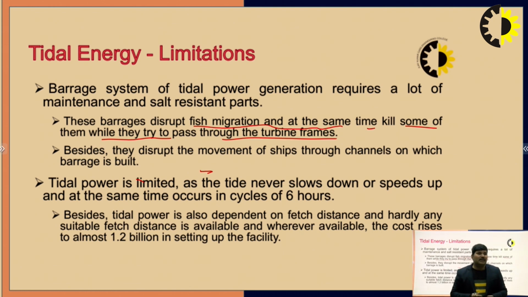In India, which is the second largest producer of fish, the fish do not pass through the barrage but go directly to the turbine. So it's harmful for any animal.